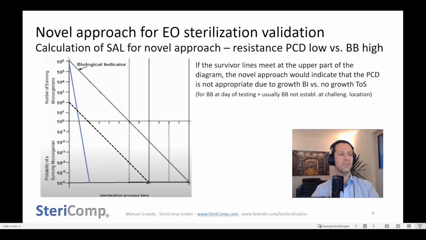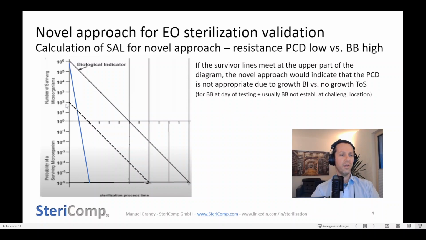And now you choose a PCD which is very easy to sterilize, so a D value of 10 minutes, while this is a D value of 1 hour. So if the survivor lines meet at the upper part of the diagram here, the novel approach would indicate that the PCD is not appropriate due to growth of the BI versus no growth of the test of sterility.